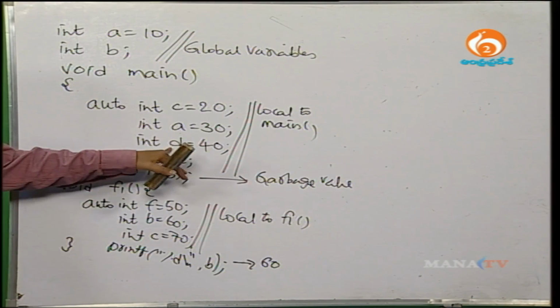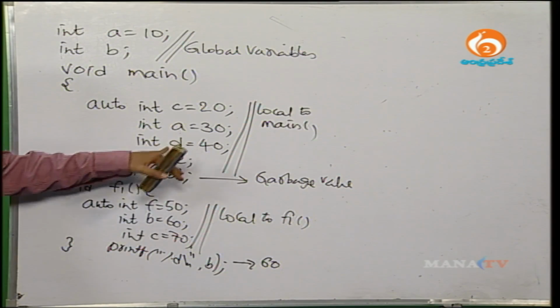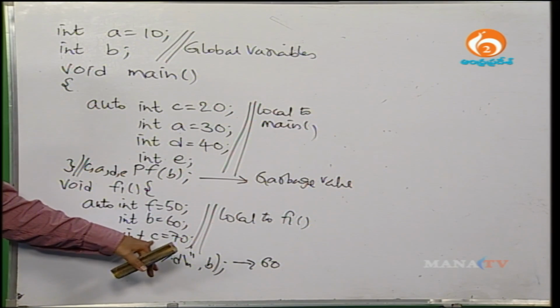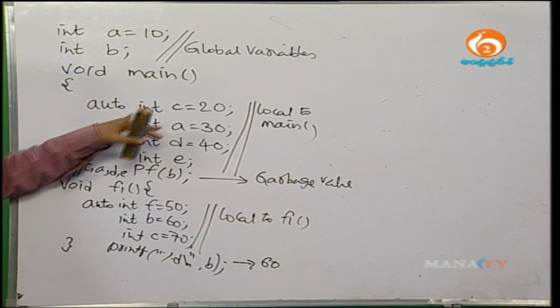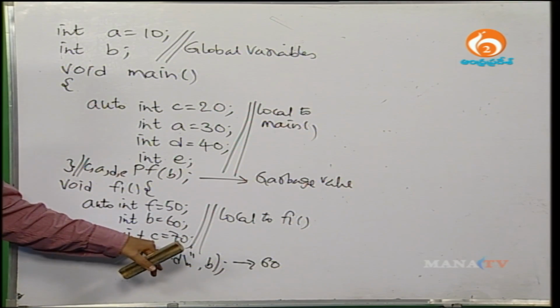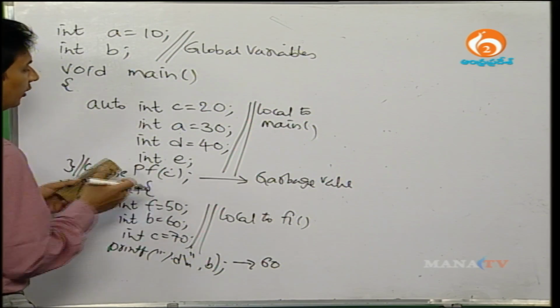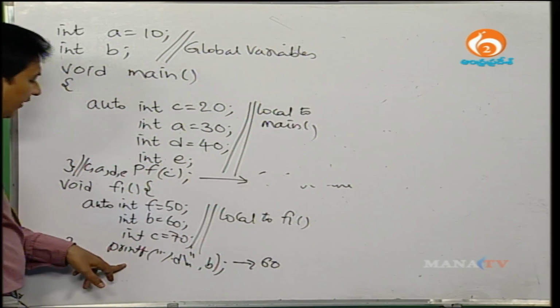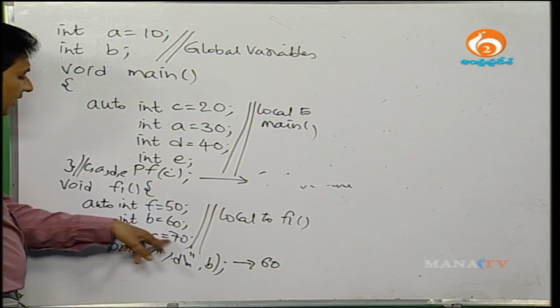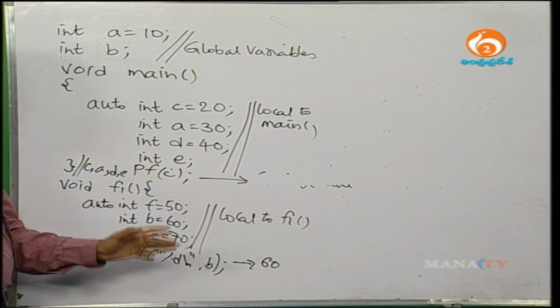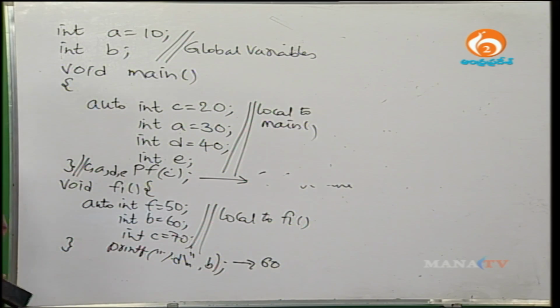So this d is not visible in the f1 function, and this c is not visible in the main function. This c and this c are different. If I write printf of c here I will get 20 only. Here if I display c I will get 70, because both memory locations are different.